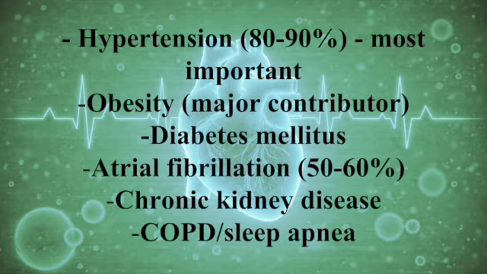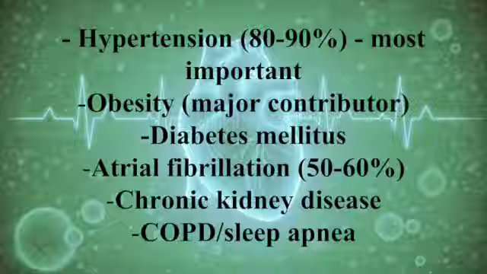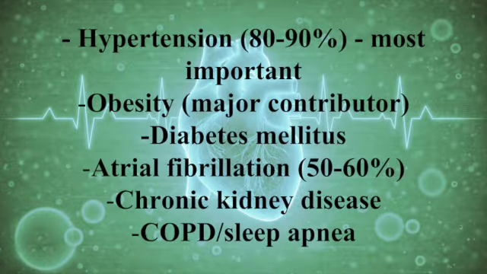HFpEF is a systemic disorder characterized by multiple comorbidities that are almost always present together. The six major comorbidities include hypertension, present in 80 to 90% of cases and the most important; obesity, a major contributor; diabetes mellitus; atrial fibrillation, occurring in 50 to 60% of patients; chronic kidney disease; and COPD or sleep apnea.